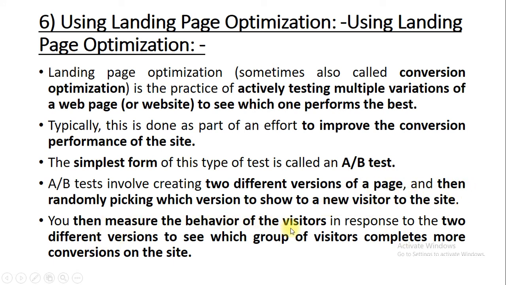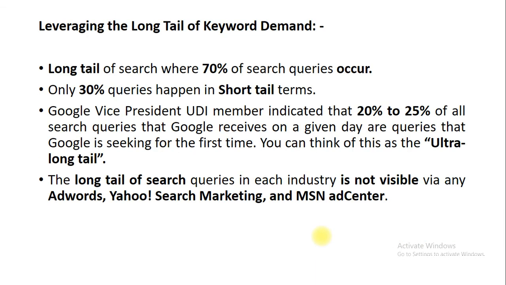You then measure the behavior of visitors in response to the 2 different versions to see which group of visitors completes more conversions on the website. So simply, landing page optimization is when you create one page having different versions, and you observe the behavior of visitors to see on which maximum traffic or maximum conversion is created.